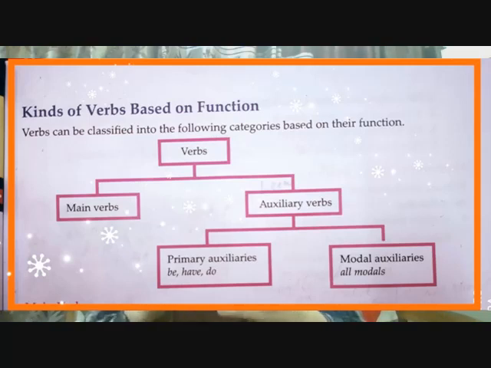Auxiliary means helping. Then you can see that auxiliary verbs are again divided into two parts. The first one is primary auxiliary and the second one is modal auxiliary. Next, we are going to talk more about the main verbs and the auxiliary verbs.